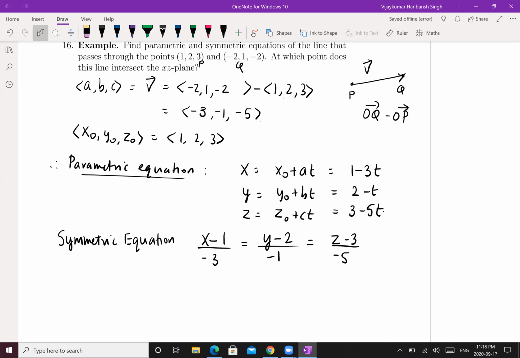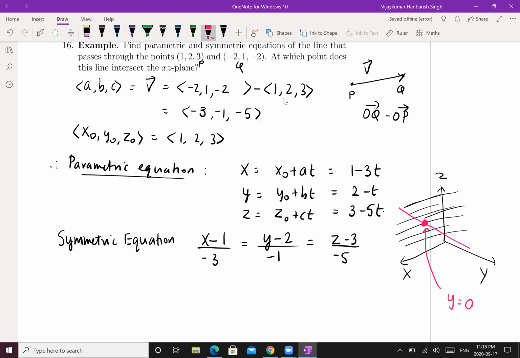Now, at what point does this line intersect the xz plane? What is the property of the xz plane? We have x, y, and z, and this is our xz plane. If any line passes through the xz plane, at that point y equals 0, right? So when is y 0? y is 0 when 2 minus t equals 0, which means t equals 2.